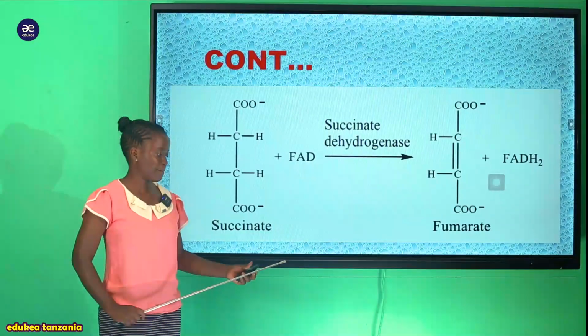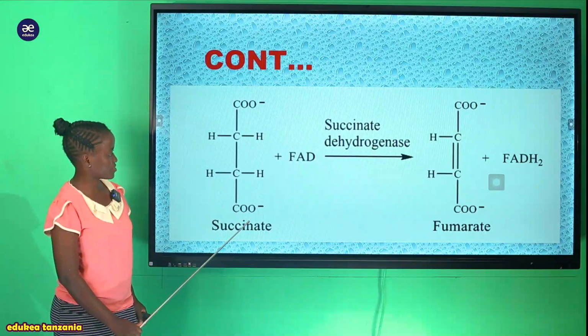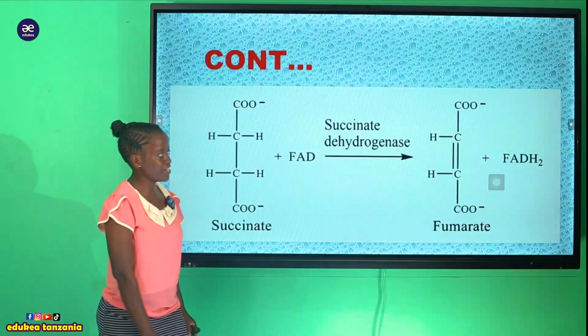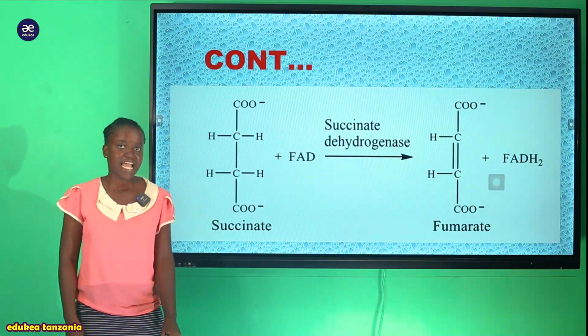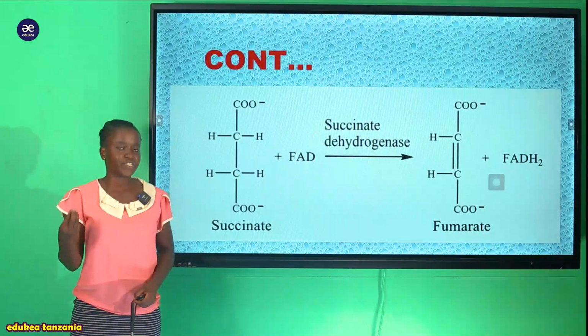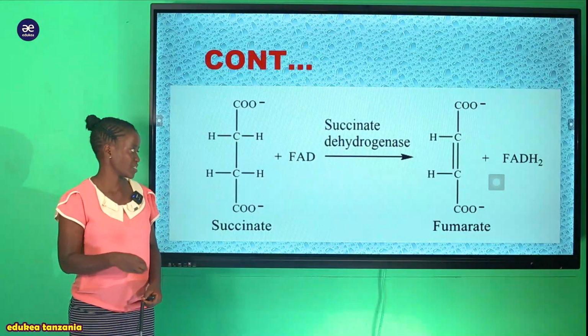And this is what is happening. You can see that we have our succinate. In order to form the fumarate, we have said that it involves dehydrogenation, meaning that we are removing the hydrogen group from the succinate.